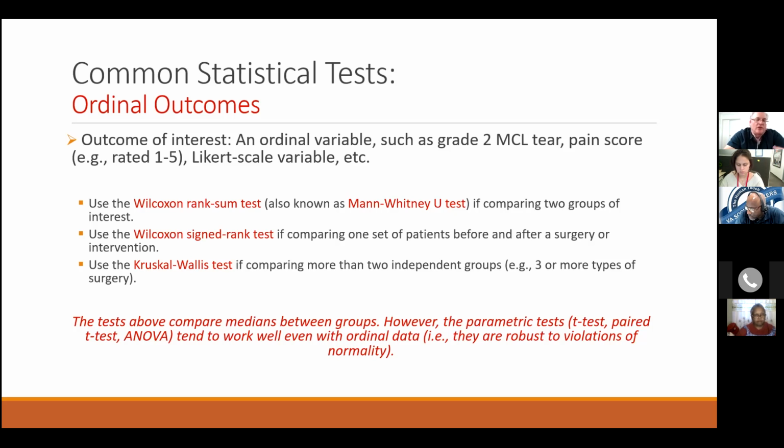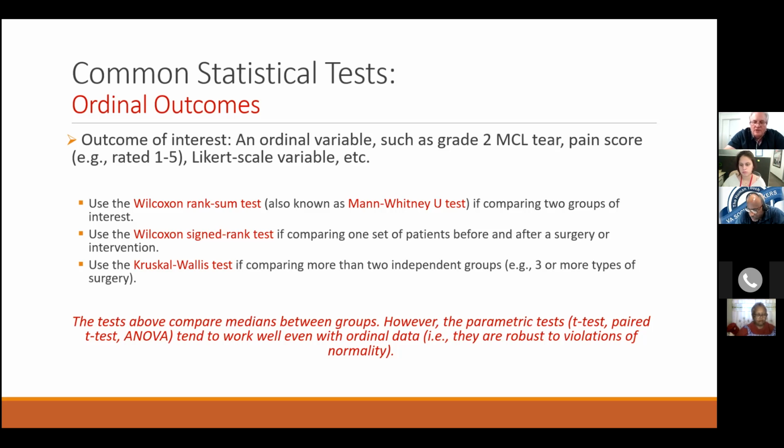You should be doing what they call non-parametric tests, meaning that your data really is not continuous and doesn't follow the bell-shaped curve that you see a lot in the literature or in statistics. Non-parametric tests are a different set of tests that are used when your outcome variables are not truly continuous. So these are kind of equivalents to the ones we just saw on the previous slide.